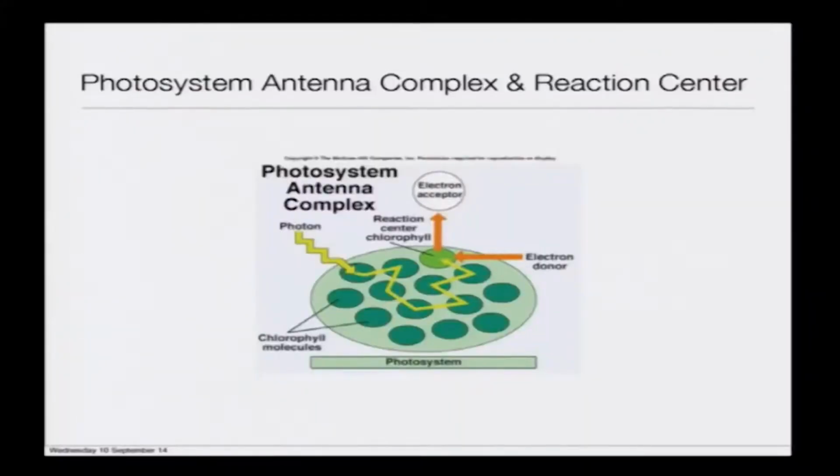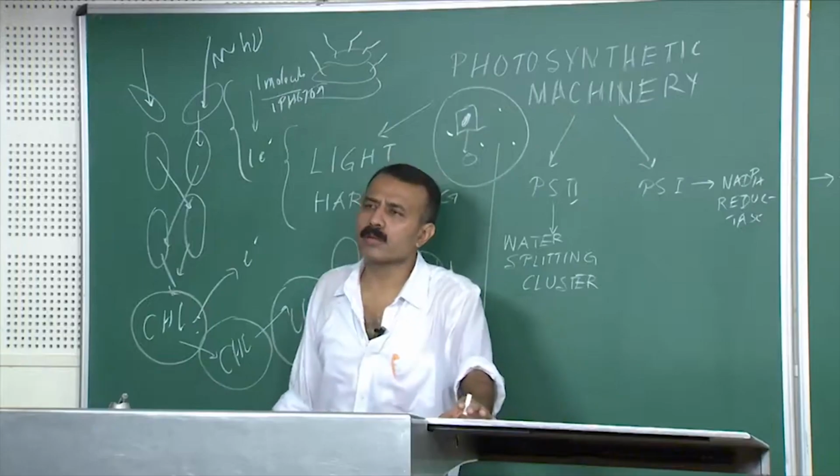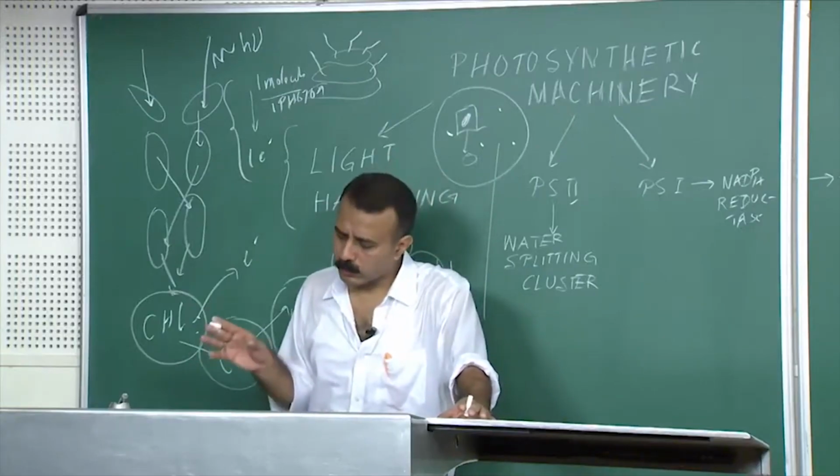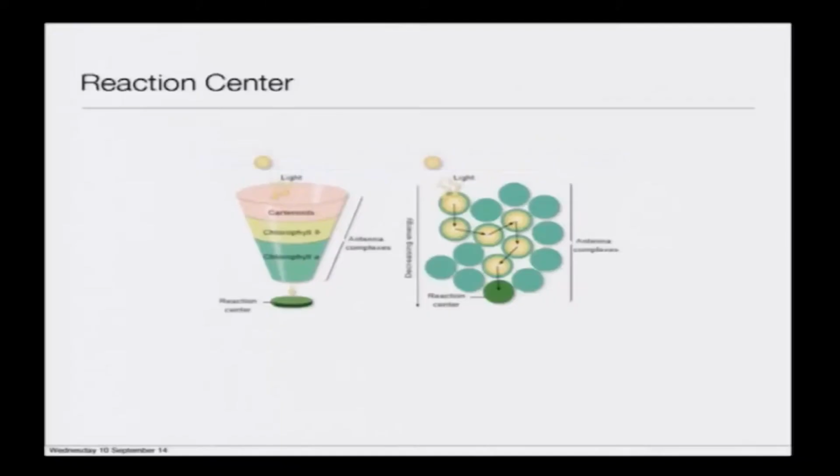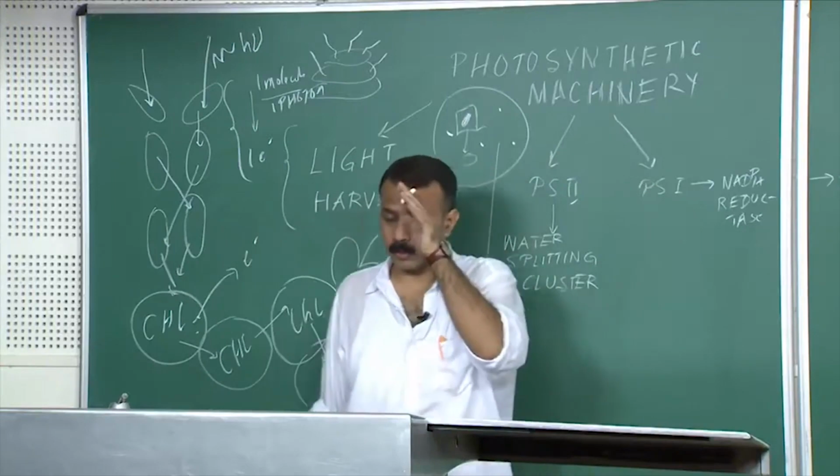So, this is the first take home message, that we indeed have reaction centers which have unique properties, and they have the ability to initiate the whole cascade of reactions which eventually leads to the formation of the sugar molecules and everything.